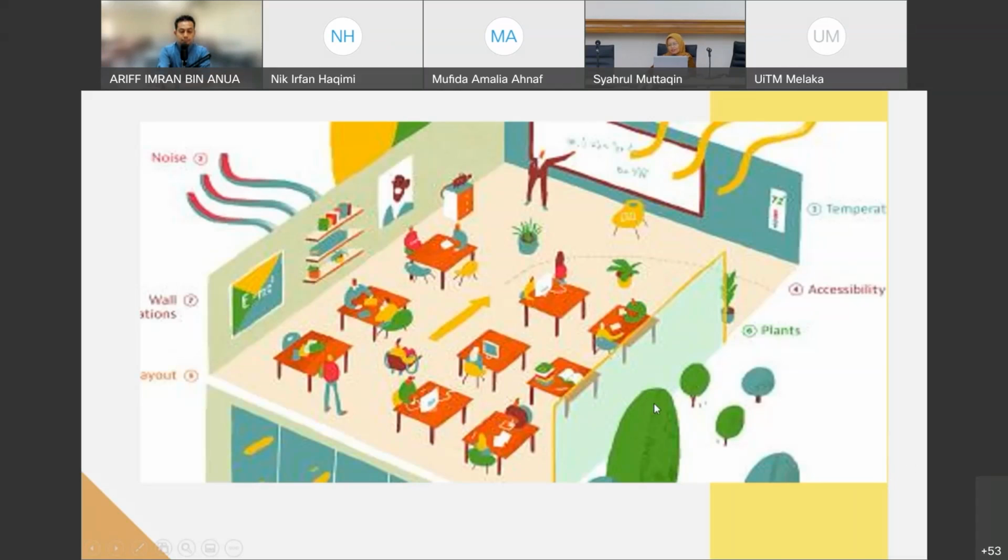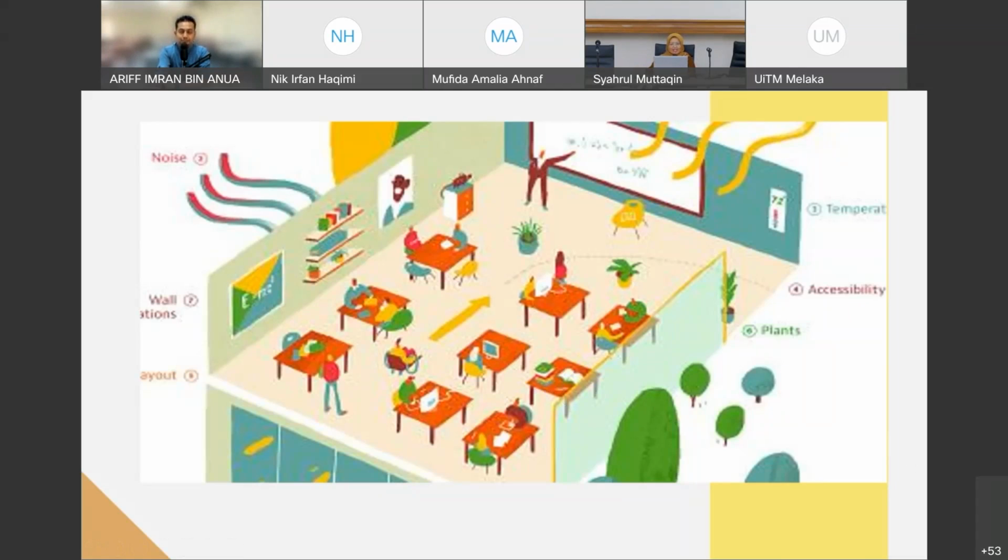Since this environment can be captured physically, can be seen physically. When I show you this picture, it might not be quite clear. This picture depicts a very typical classroom. I believe this is not a classroom in rural areas; this is a classroom in the cities.